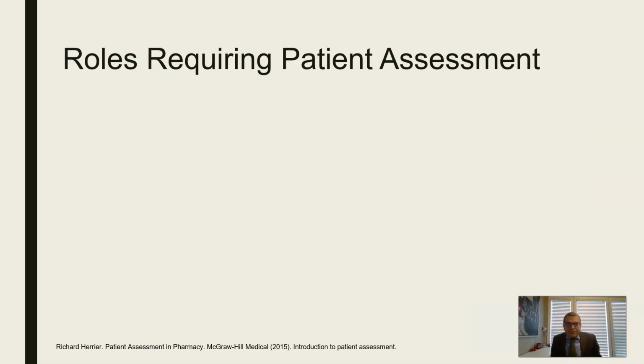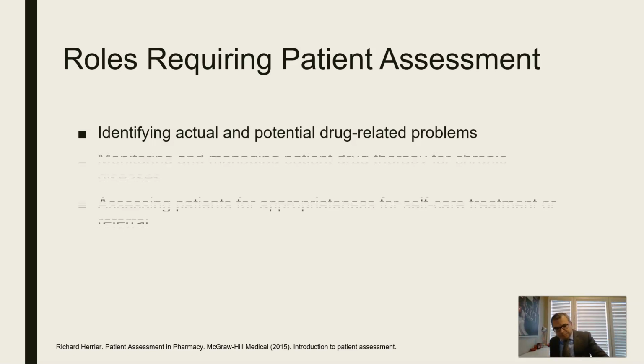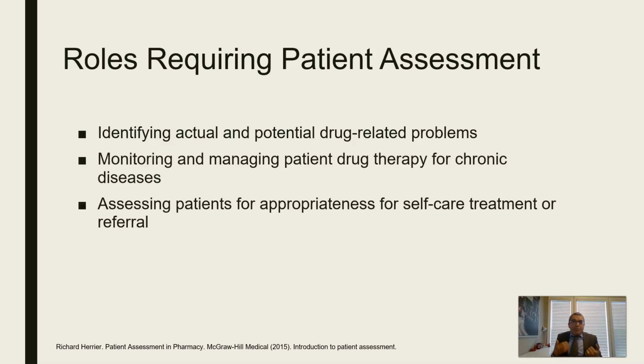There are many roles the pharmacist could do in order to assess the patient. First, identifying actual and potential drug-related problems. This requires patient assessment, right? You need to assess the patient to identify the problems. The second one is monitoring and managing patient drug therapy for chronic disease. Let's say the patient has chronic hypertension, and this hypertension has been diagnosed for the last 3 years.